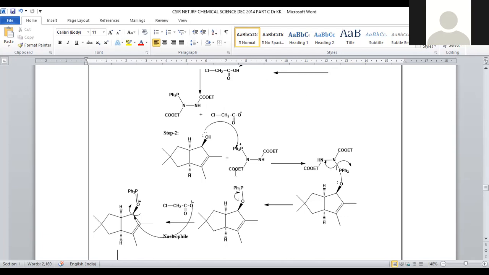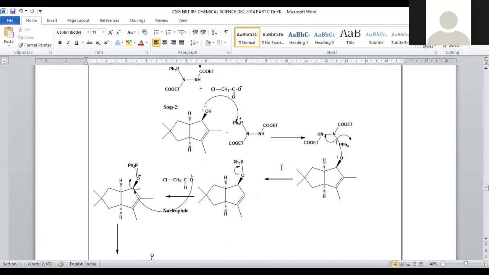Carboxylate will be generated. Now we are going to treat this compound, that is the diazo carboxylate attached with triphenylphosphine, with the lone pair of electrons present on the oxygen of this condensed system. Oxygen is associated with 2 lone pairs of electrons, and they are susceptible for donation towards this electron deficient electrophilic center. So here a new bond originates between oxygen and phosphorus.